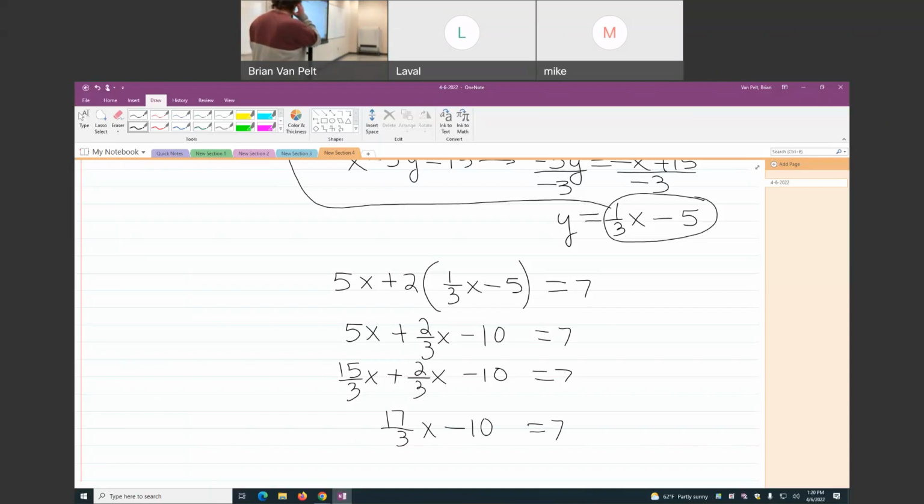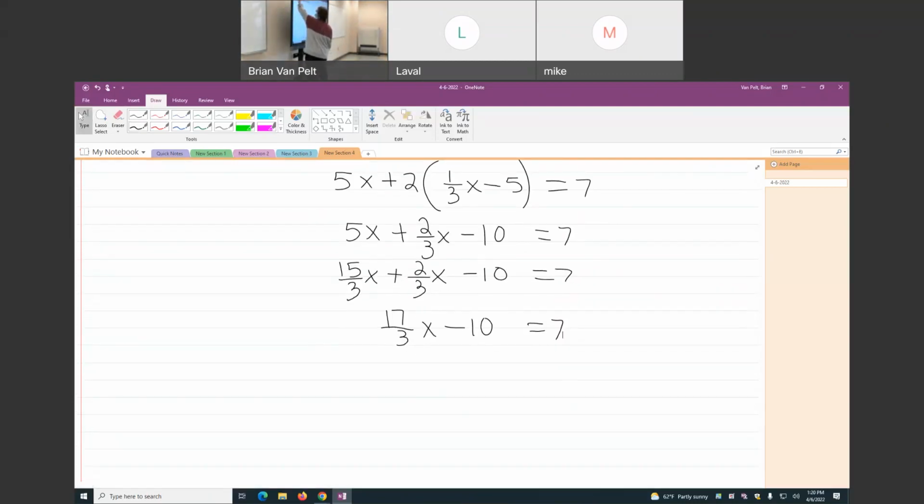And now, what are we doing now? Add 10 to both sides. So you'll see 17/3 x equals 17.